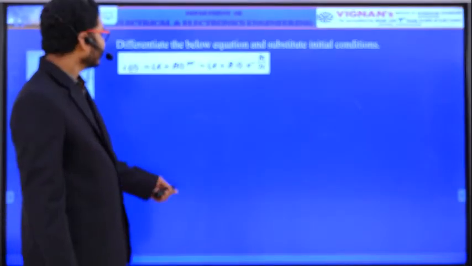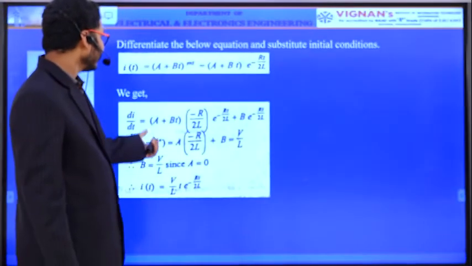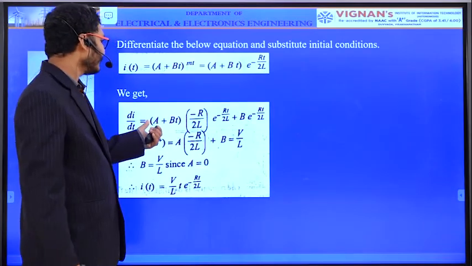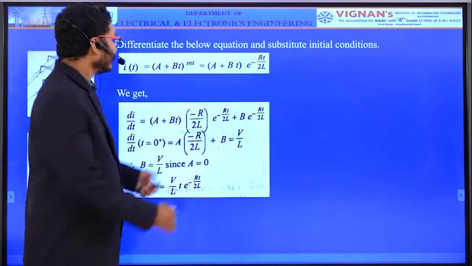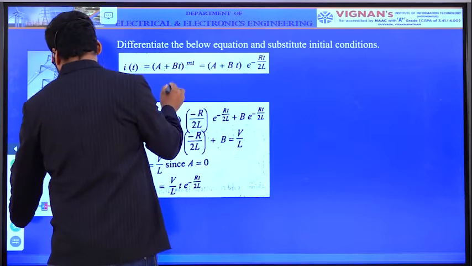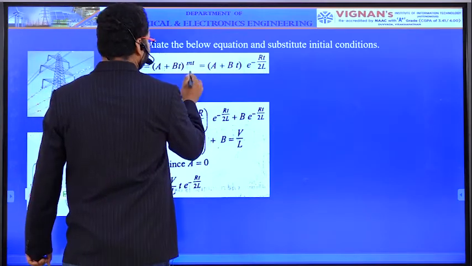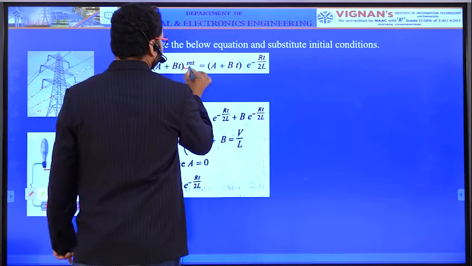Now differentiate both sides of (a plus b t) e to the power of m t.